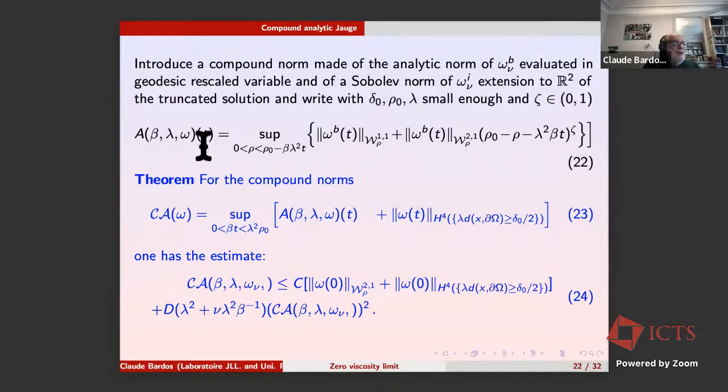And for that, you introduce a quantity which I will call the compound norm.